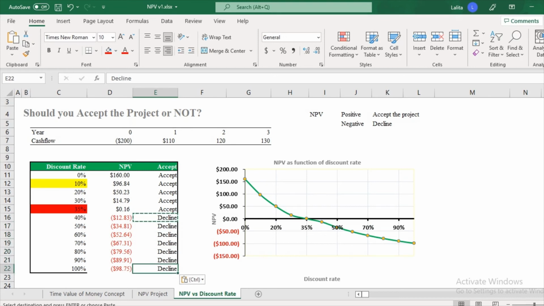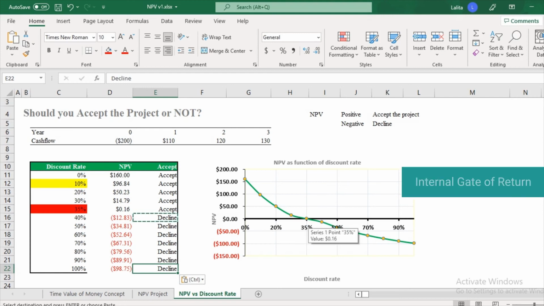So that's how your NPV and discount rate relationships actually function, and you can see this in the graph as well. So by the way, the point at which your NPV becomes 0, that's called an internal rate of return.